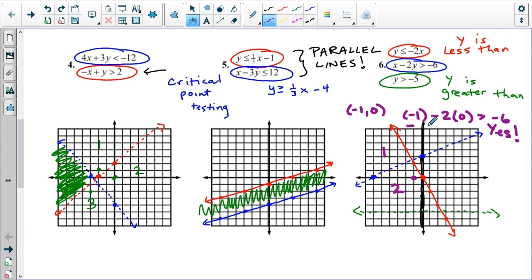And when I check this, I see that -1 greater than -6 works. Since this works, it is the only region that's a correct answer. I would shade this region right here, and this region would be my final answer.